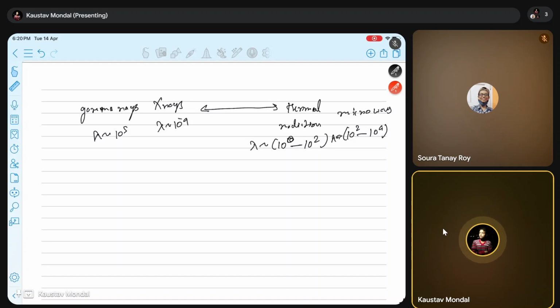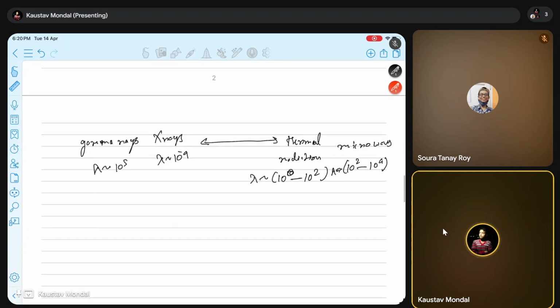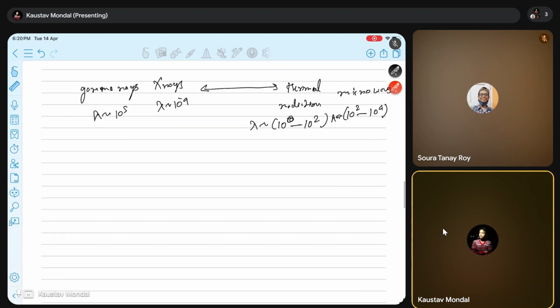To catch all these kinds of radiation, there are different types of instruments.